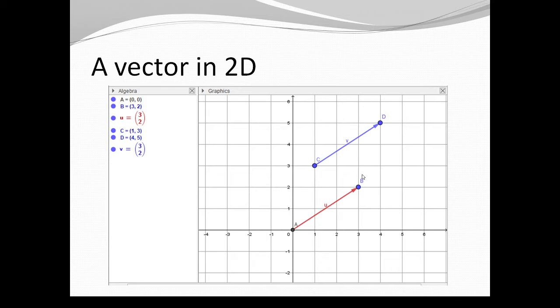For simplicity, in most cases, we are going to drag the starting point to the origin, like A. That way, we always start from the origin, 0, 0, and we can use the coordinates of the endpoint, in our case 3, 2, as a vector.